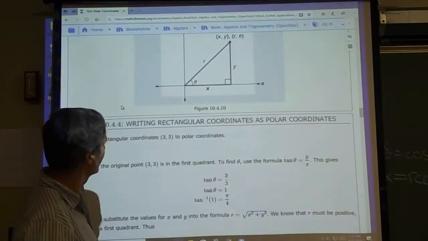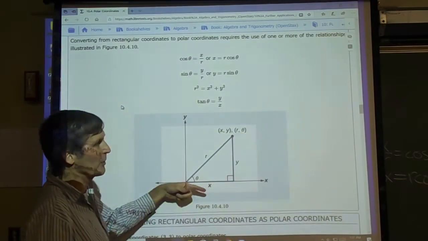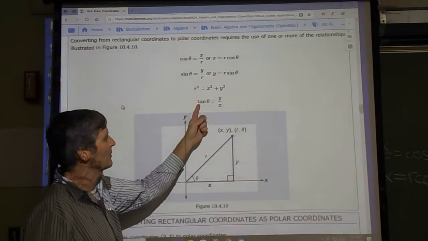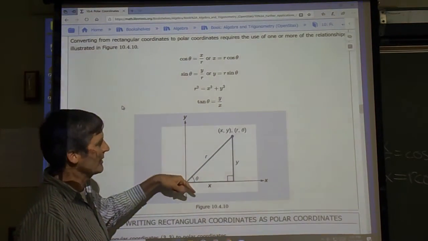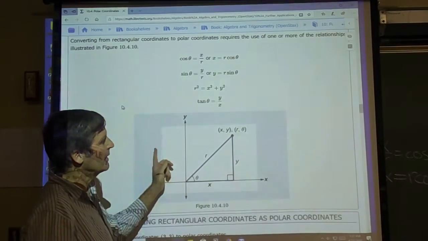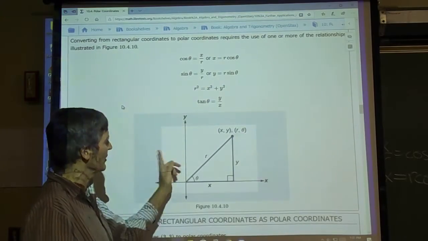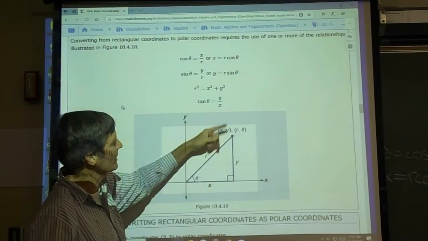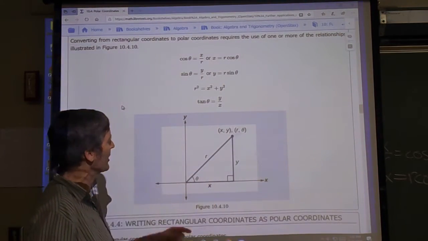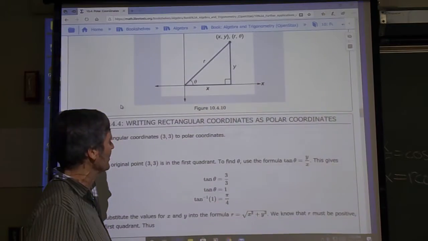But recall that from when we calculated angles before. If we wanted to solve for all angles whose tangent was a given number, there were two solutions, the arctangent and the arctangent plus pi. The arctangent always came out in one of these two quadrants, and the arctangent plus pi came out in these. It follows that when you're solving this equation, you take the arctangent and then you consider which quadrant to decide whether to add pi or not. And then on all those you can add any multiple of 2 pi and it's the same direction.